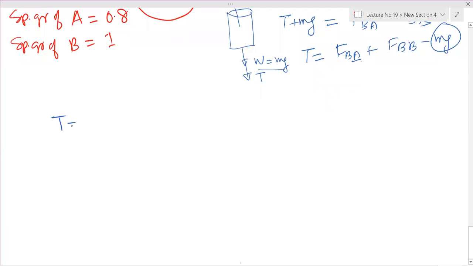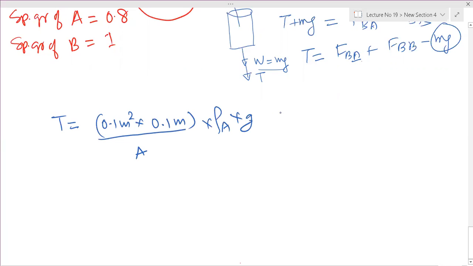So T is equal to 0.1 meter square area, and volume we are going to estimate. This is your length, this much volume of A has been displaced, and then density and then g, plus.